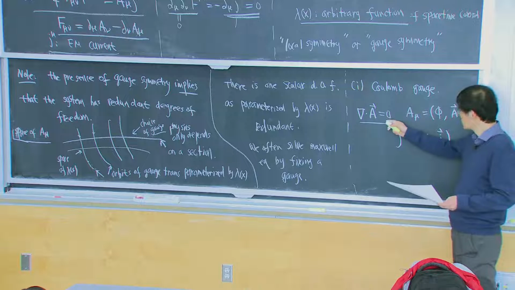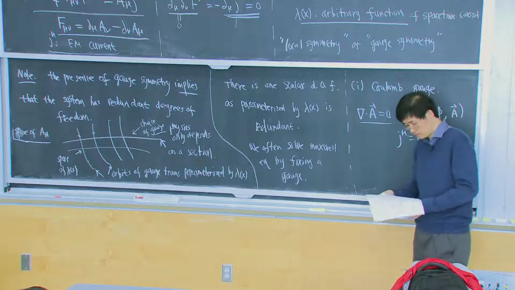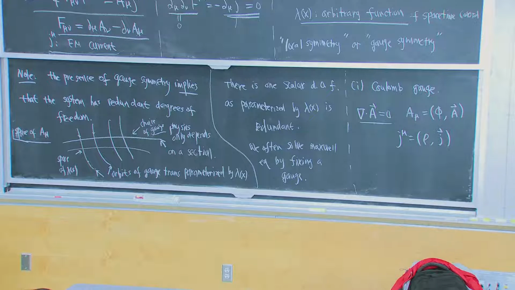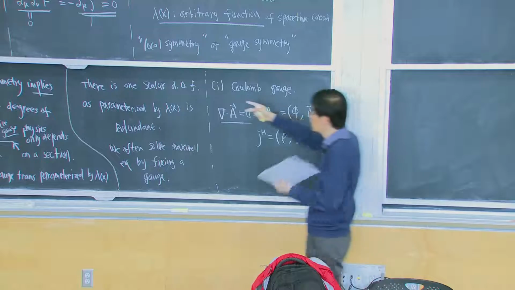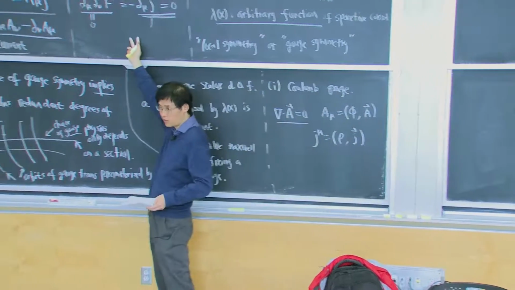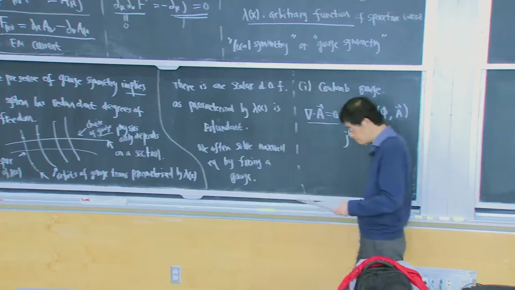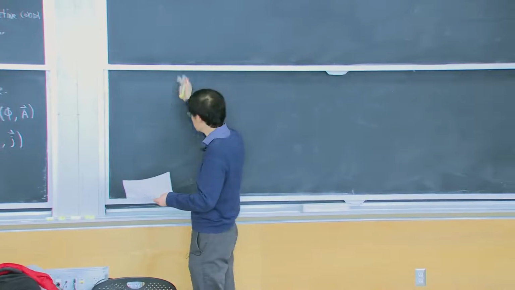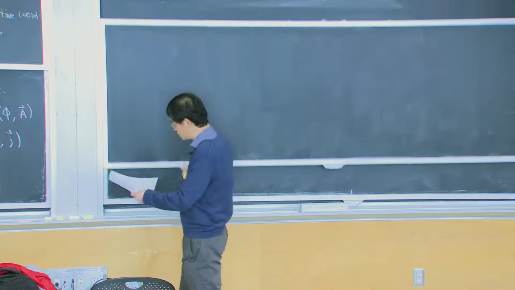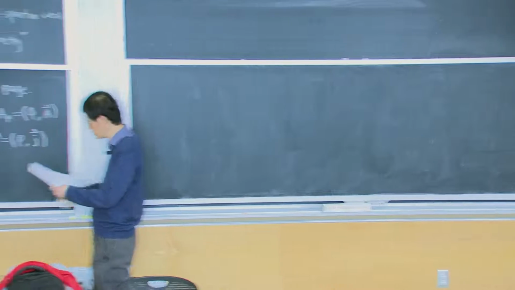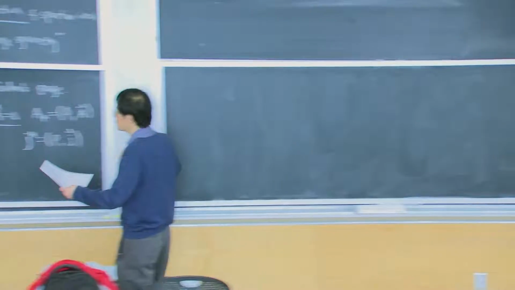In this Coulomb gauge, the Maxwell equation simplifies. You look at this equation and at different components. We're not going to detail it; let me just write down the answer. When you impose this Coulomb gauge, you find that the Maxwell equation, which I'll call equation star, becomes the following.